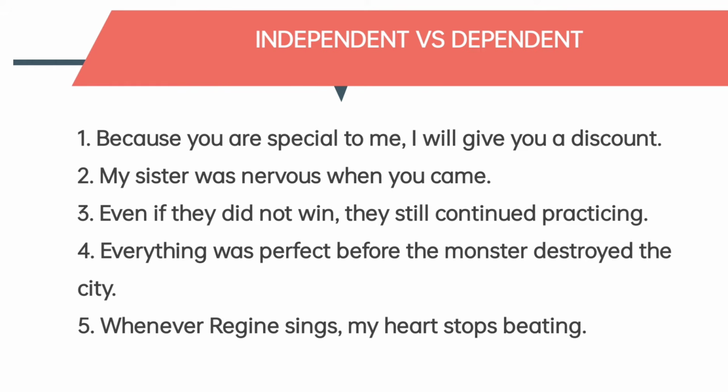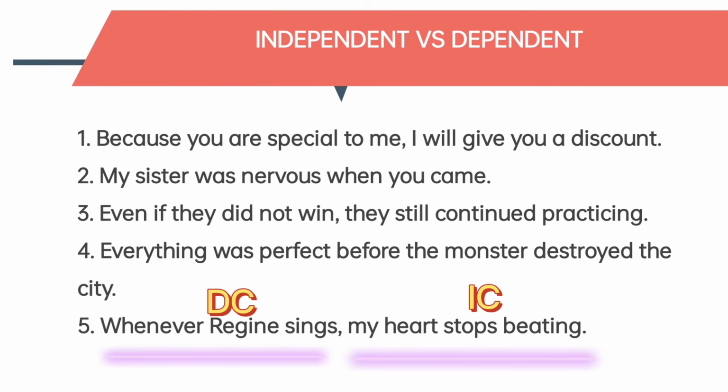Dependent clause, before the monster destroyed the city. And the independent clause is, everything was perfect. And the last item, whenever Regine sings, my heart stops beating. Dependent clause, whenever Regine sings. And the independent clause is, my heart stops beating.